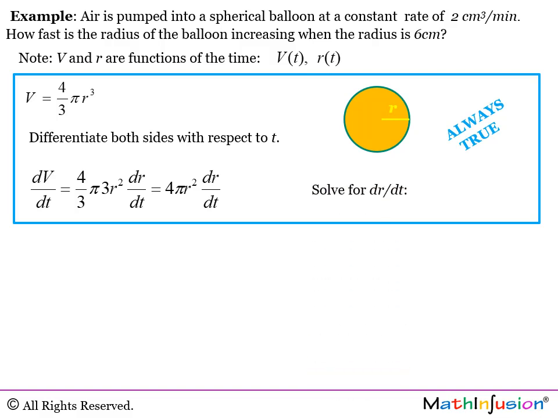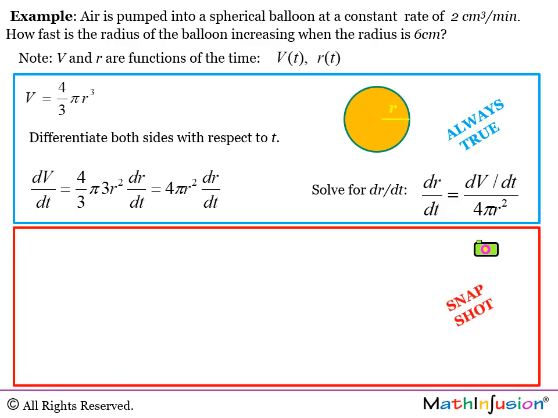And now we want to focus on solving for dr/dt, because we are asked about the rate of change of the radius. We do the math, it's not very difficult, and we find that dr/dt equals dV/dt over 4 pi r to the power of 2. Now we can do the snapshot.